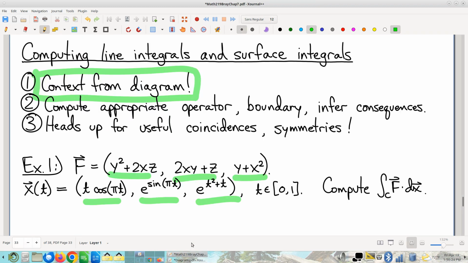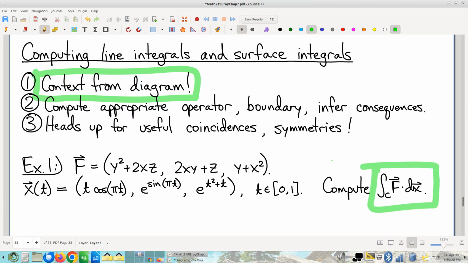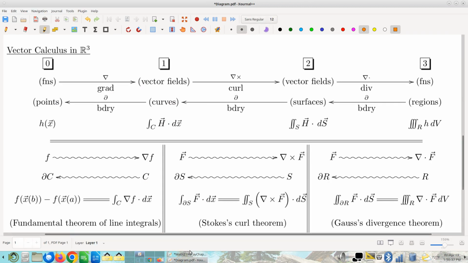What else? Well, the question is asking me to compute a line integral. That's more evidence of where I am. This helps me with my context. Line integral, after all, right there. So that's my context. This is where I am. I am looking for a line integral in R3.